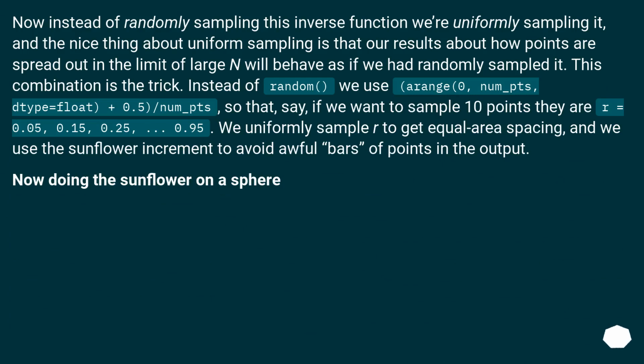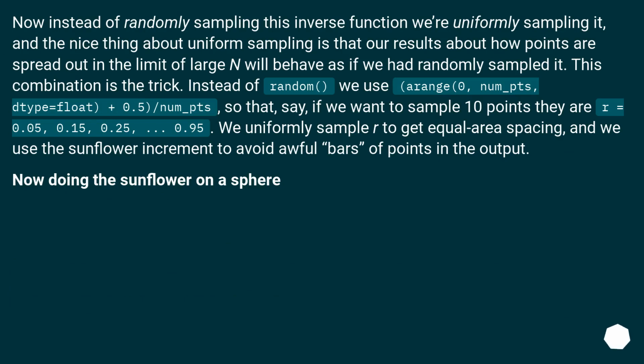Now instead of randomly sampling this inverse function, we're uniformly sampling it, and the nice thing about uniform sampling is that our results about how points are spread out in the limit of large N will behave as if we had randomly sampled it. This combination is the trick.